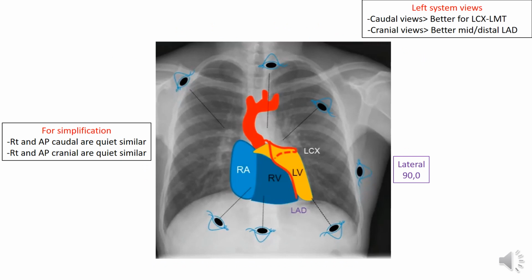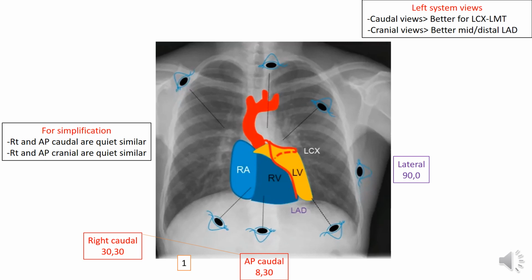This picture gives us an insight about the different angiographic views. We have at first the right caudal and the epicaudal view. We are looking at the heart from the leg of the patient, and these views are aligned with the horizontal plane of the AV groove.